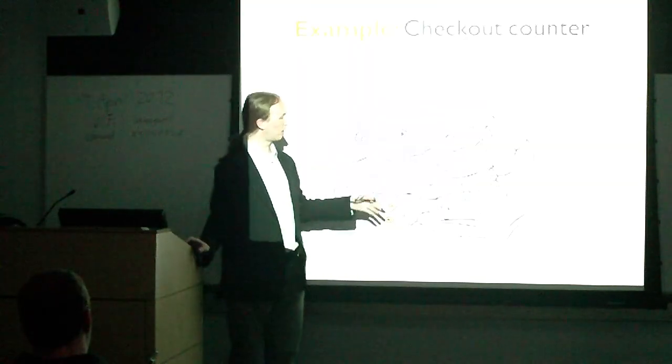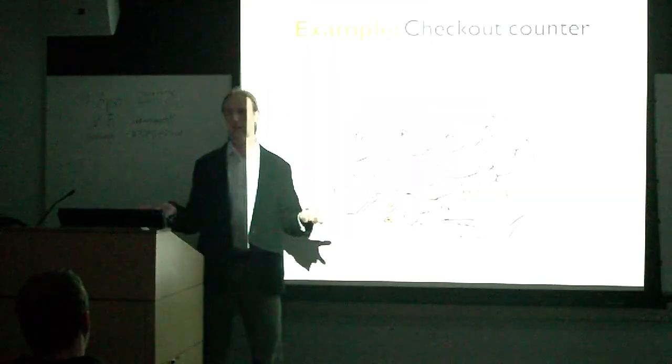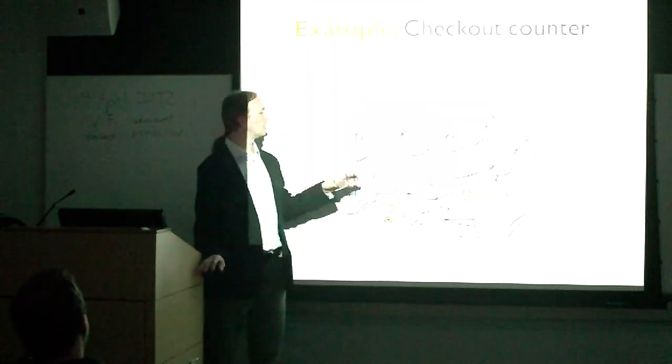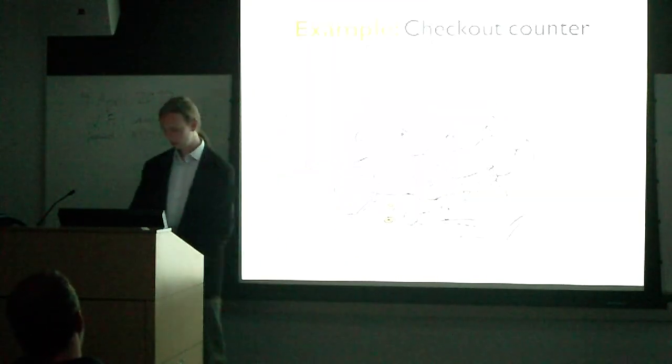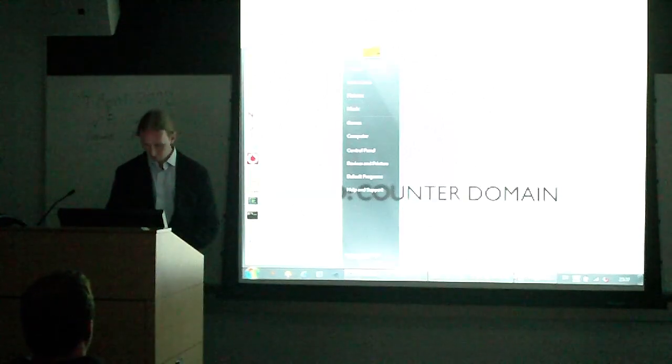There's a record for scanning a thing, and if you go back and cancel something, that's going to create a cancel record. So that's our domain, and we'll try to implement this in F-sharp.